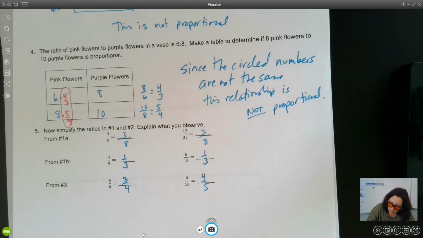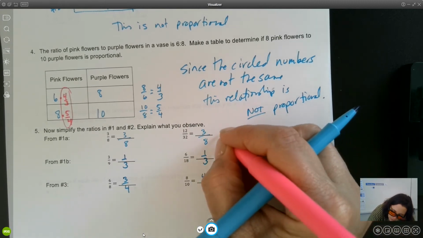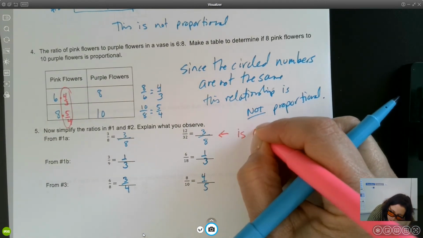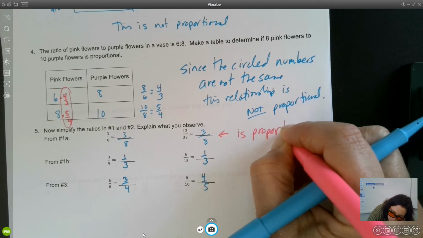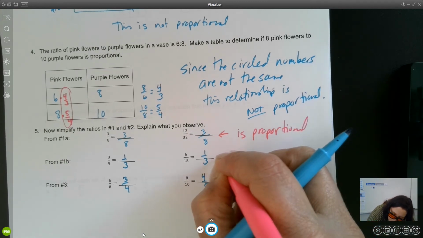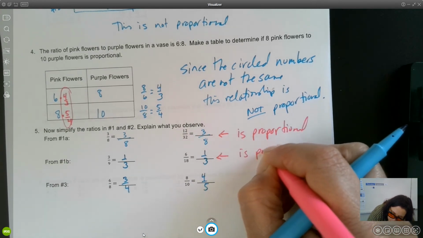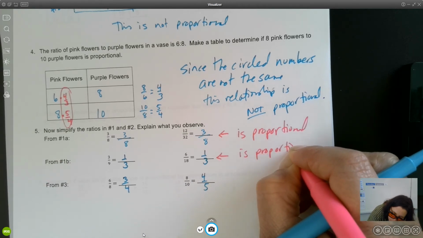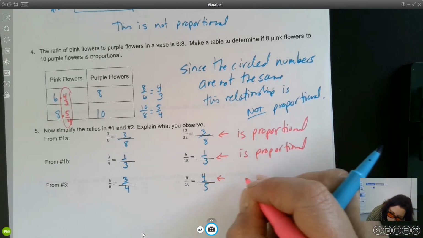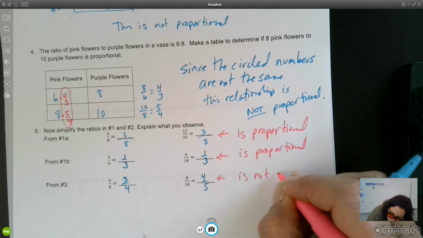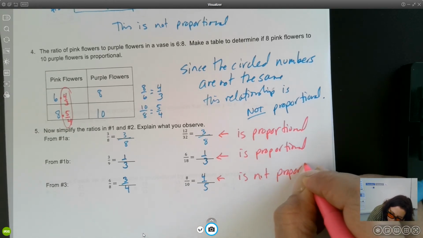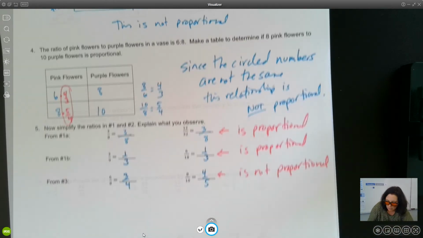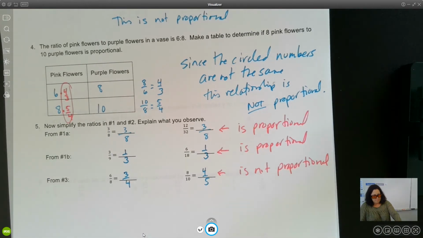Let me write this in pink so it doesn't blend in with this answer up here. These were proportional. And this was not proportional. All right, okie doke.